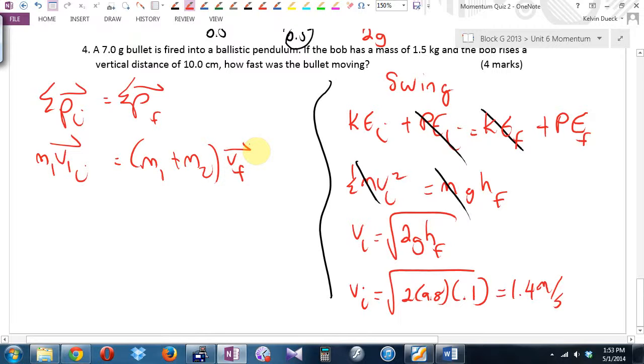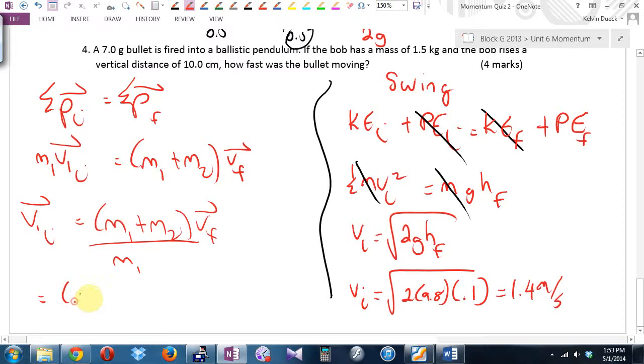We want V initial. V1 initial is going to be M1 plus M2 times V final divided by M1. It's going to be 0.007 plus 1.5, I wish I'd planned that, I really didn't, but note to self, I will plan it next year.